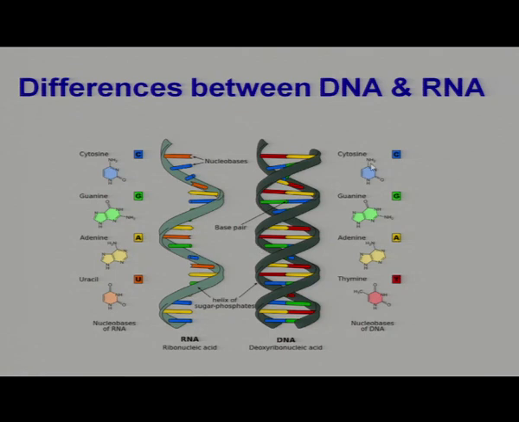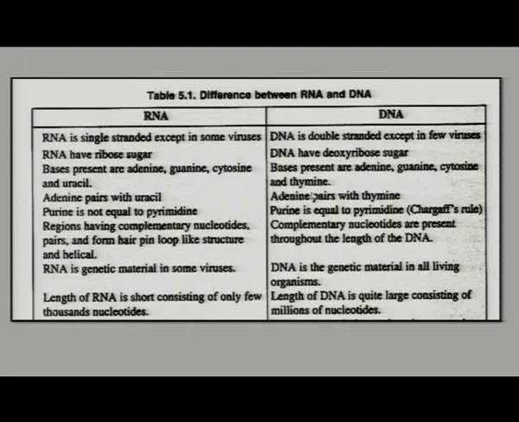So, if you can see, RNA is single stranded and DNA is double stranded. RNA has A, U, C, G as nitrogenous bases and DNA has A, T, C, G as nitrogenous bases. Here are some more differences.